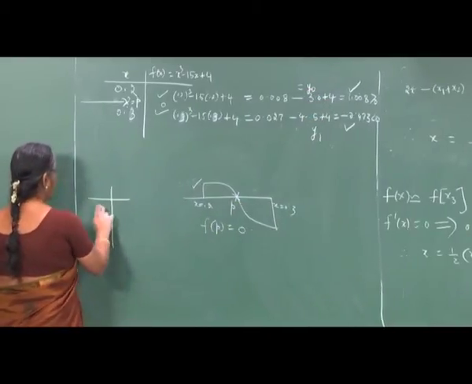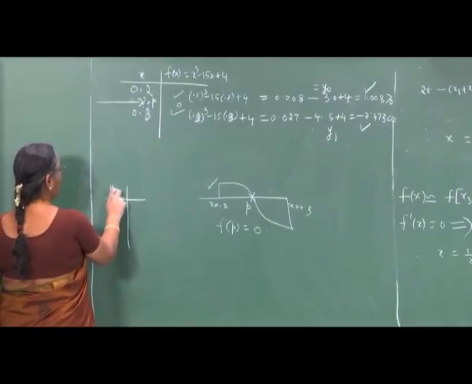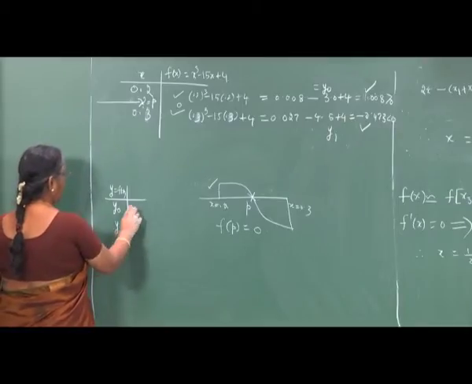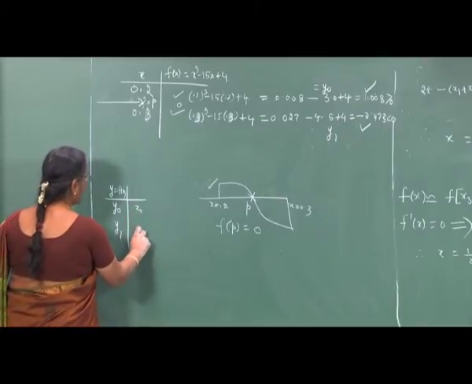I have the information about the y, which is f of x, at y0, y1, which are given at x0, x1.